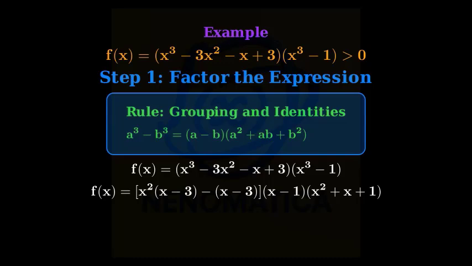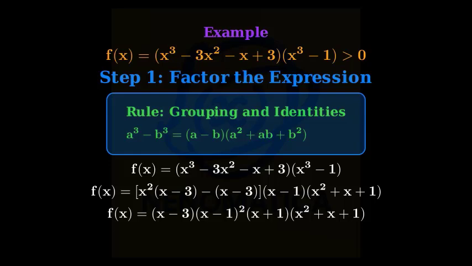Factor fully to get f of x equals (x minus 3) times (x minus 1) squared times (x plus 1) times (x squared plus x plus 1).